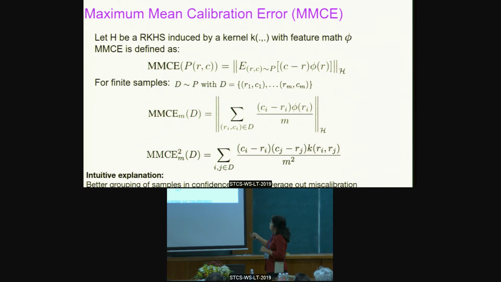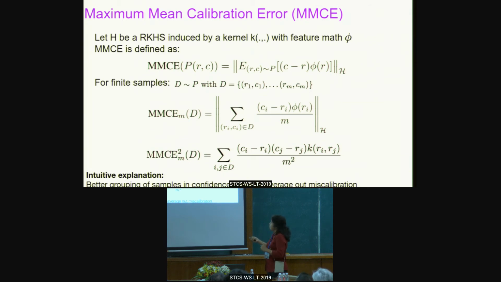Now if you expand out this phi into the kernel form, it turns out to be a very simple measure. In your test data, you look at pairs of examples and you take their Ci minus Ri value times Cj minus Rj value, scaled by this kernel, which is large for nearby points with nearby confidence, and small otherwise.